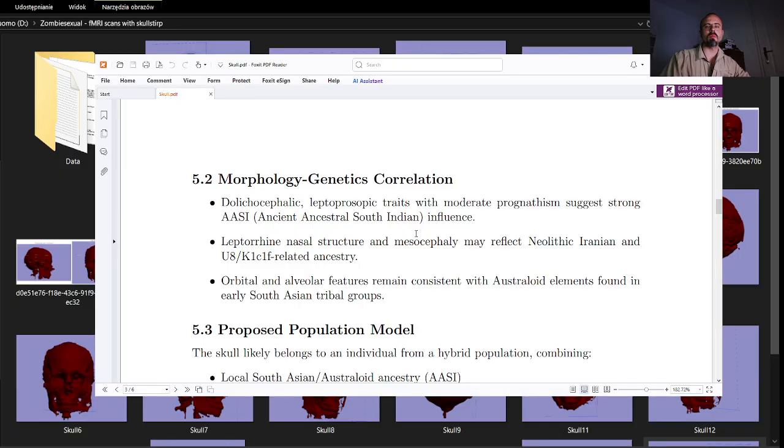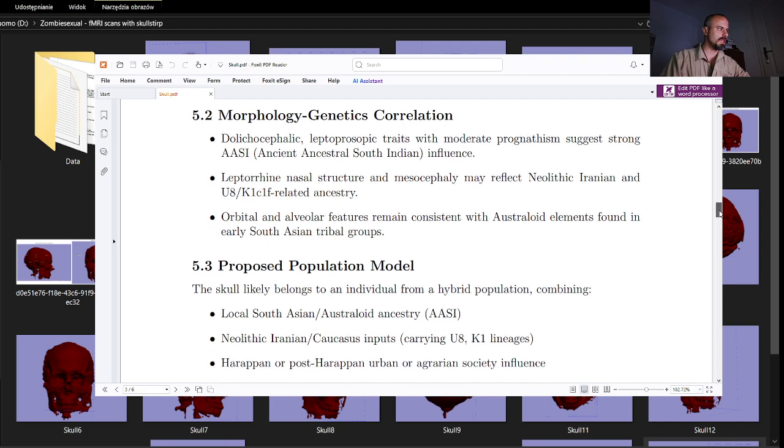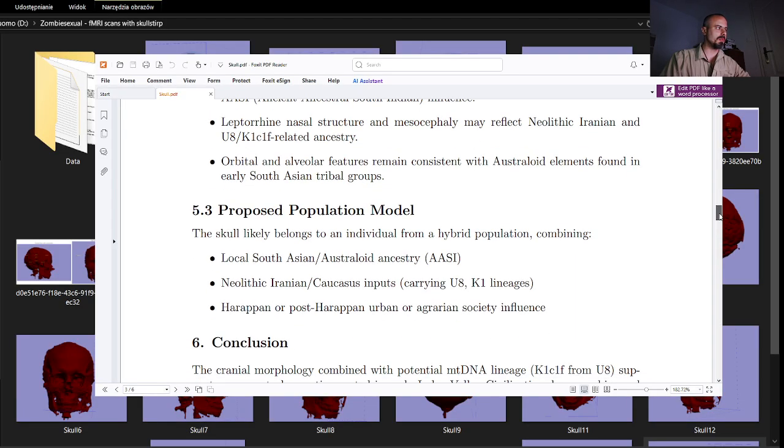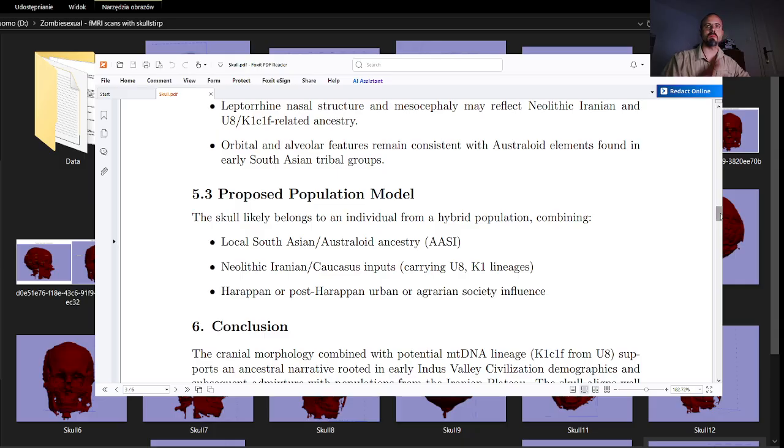The population mobility, of course, from Indo-Dravidians to the South Indian subcontinent. Leptorrhine nasal, Neolithic Iranian and related, so it's confirmed, and some South Asian tribal groups, which is quite interesting because population migrations and population genetics would confirm plenty of information nowadays.